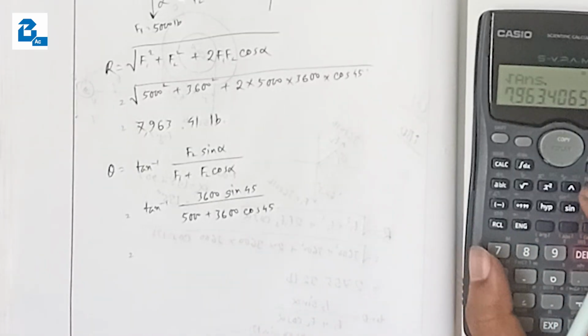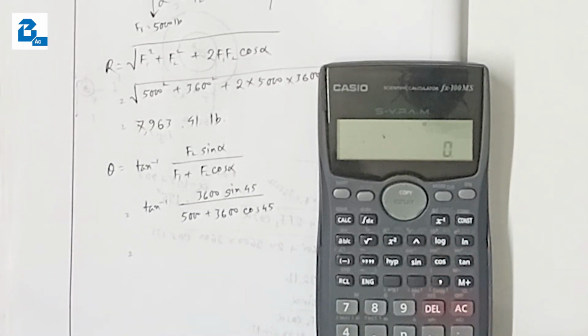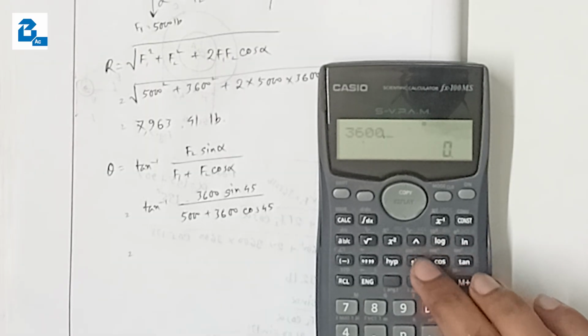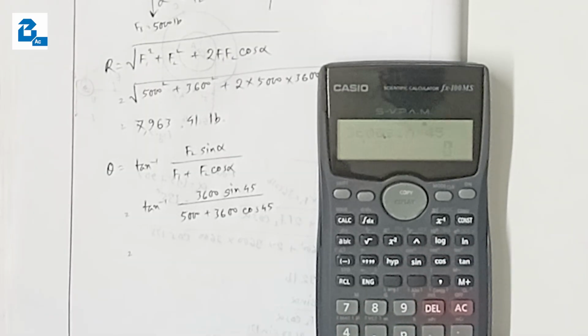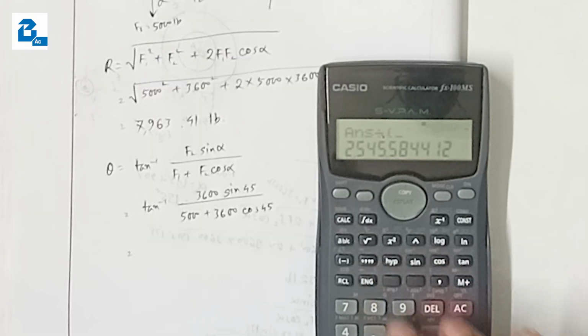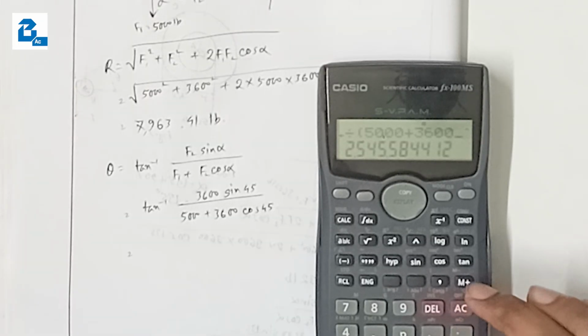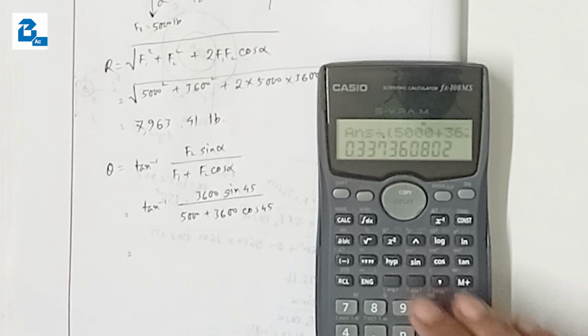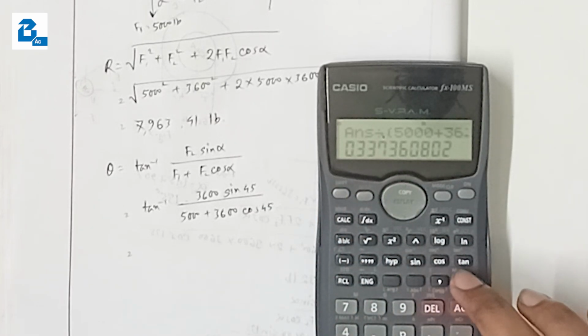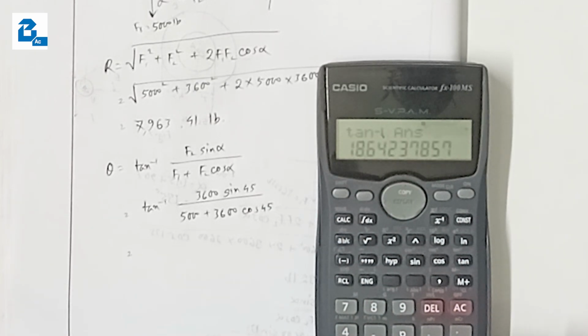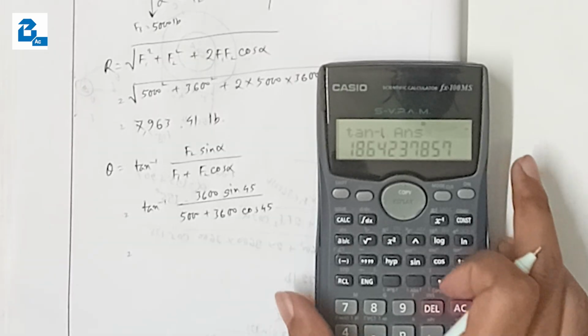Then we get 3600 sin 45 divided by 5000 plus 3600 cos 45. Then tan inverse answer, we get 18.64 degree.